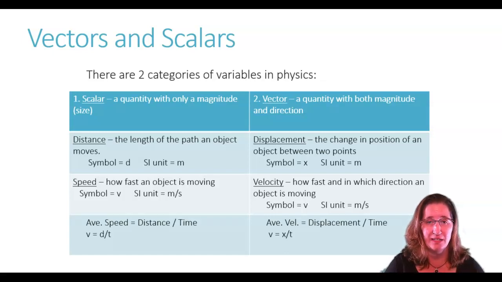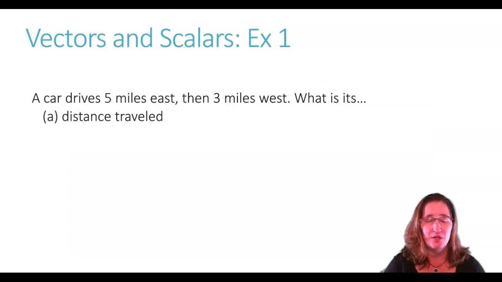You need to look at the context and what else is given in the question. So as far as their equation, speed then is distance over time, where velocity is displacement over time. So those are just by definition, and we'll go through some examples to see how that really plays out when you're problem solving.